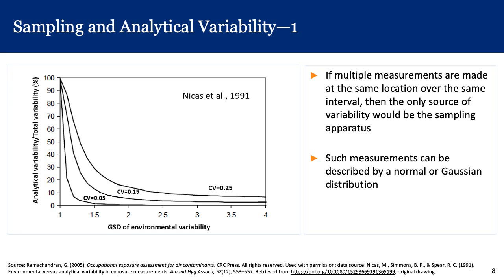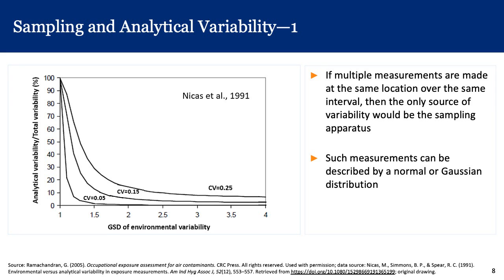So I'm showing 3 different curves here, each corresponding to a different coefficient of variation, or CV, of the measurement method. A coefficient of variation is essentially the arithmetic standard deviation divided by the arithmetic mean. So it's a measure of how precise a measurement technique is.